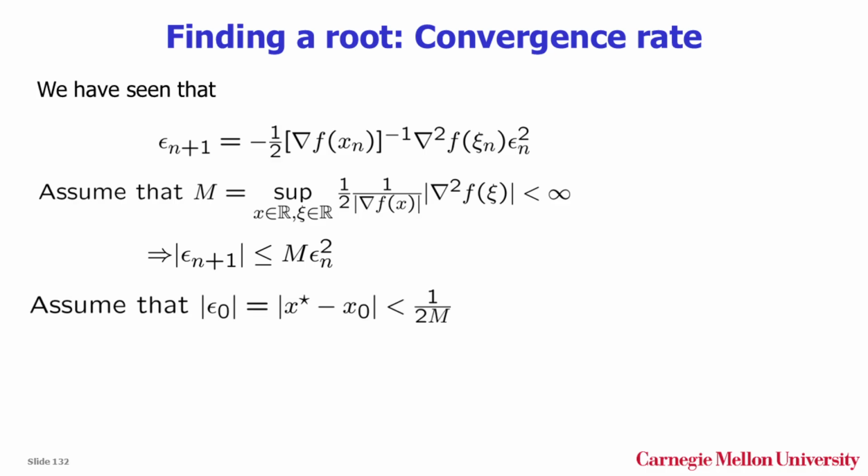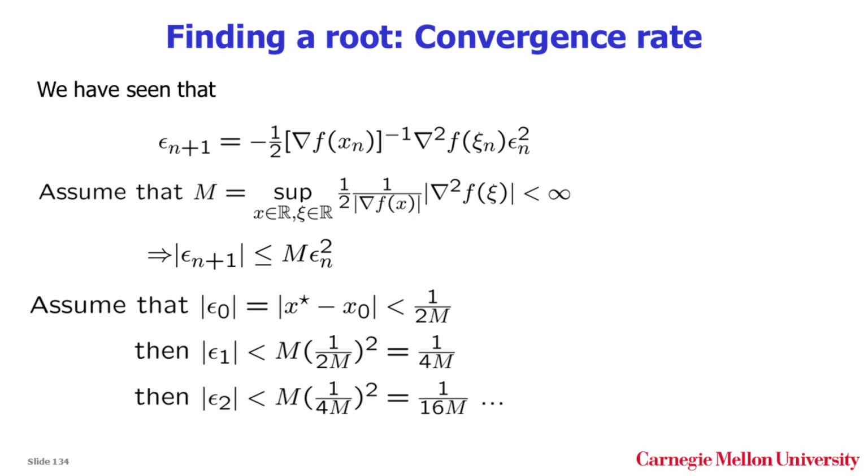Assume also that the initial point is sufficiently close to x star, that is, the absolute value of x star minus x0 is upper bounded by 1/2m. Then it follows that the absolute value of epsilon 1 can be upper bounded by m times 1/2m squared, which is 1/4m. Similarly, epsilon 2 can also be upper bounded.